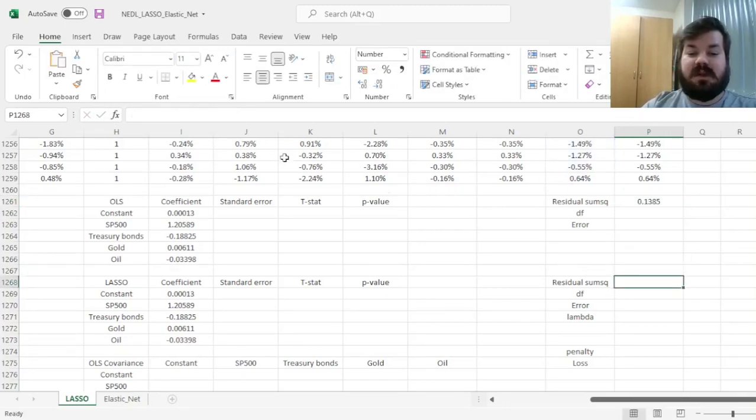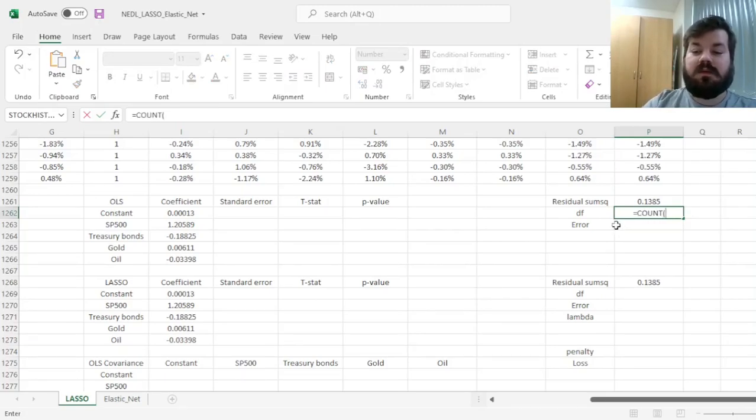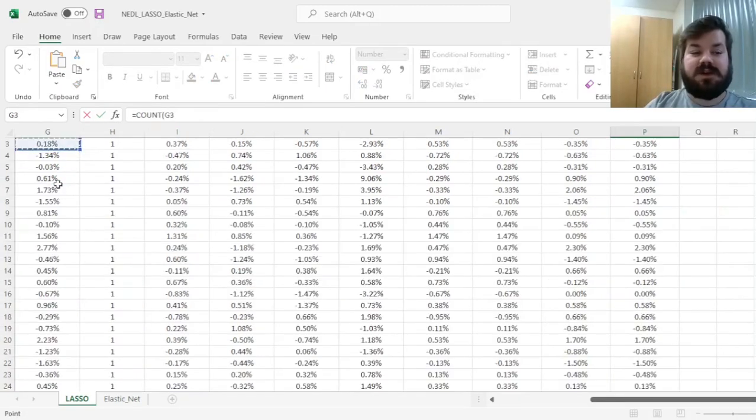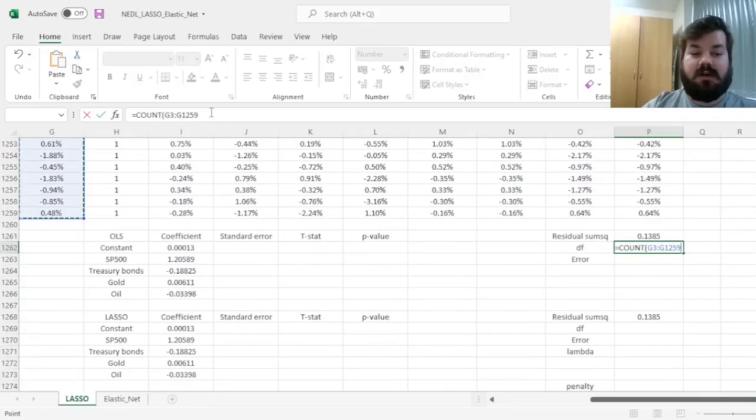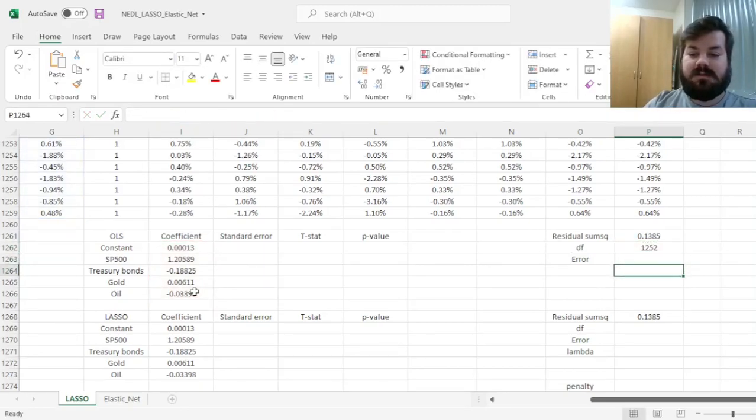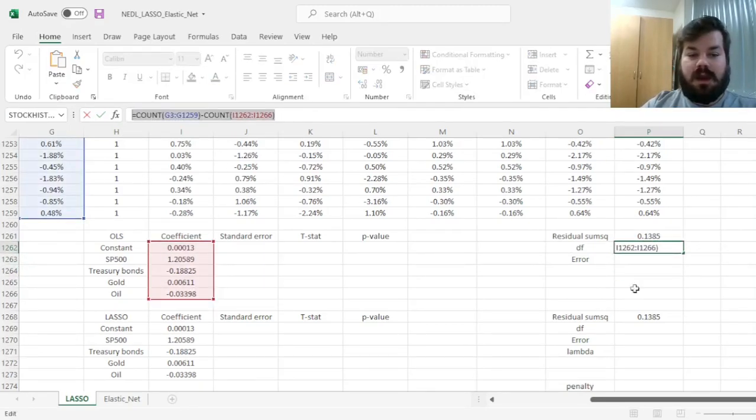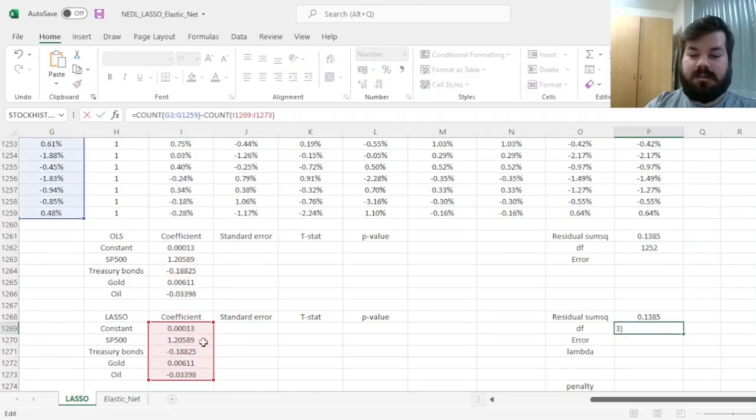For the LASSO sum of squares, we can apply the same function but to a neighboring column. The degrees of freedom for both models would be the count of our observations, so we can count elements in any of our columns. So let's count the y variables, BlackRock returns, and then we can subtract the number of model coefficients that are over here for the OLS, and for the LASSO, they are over here.